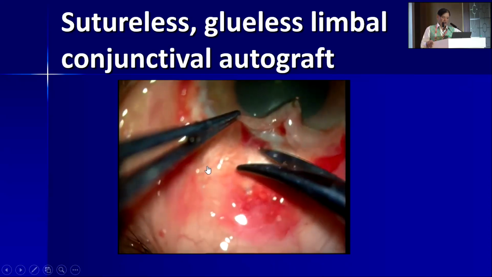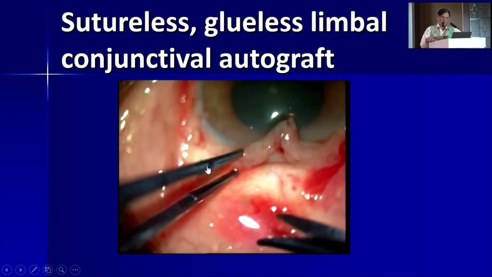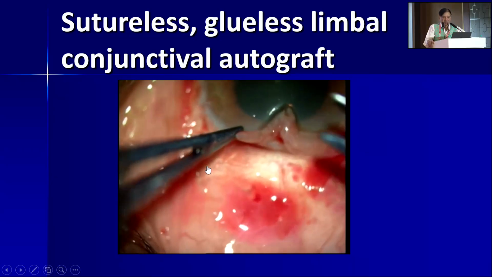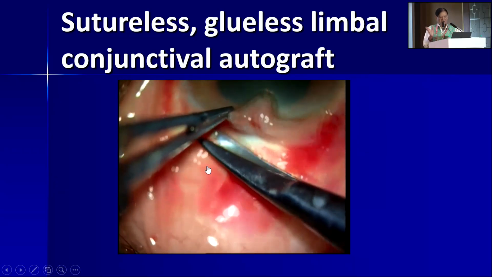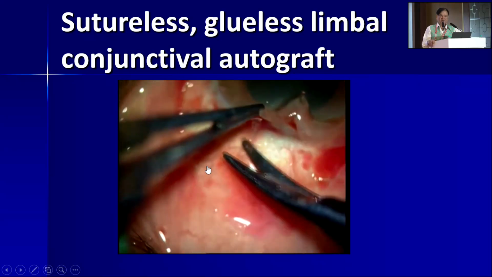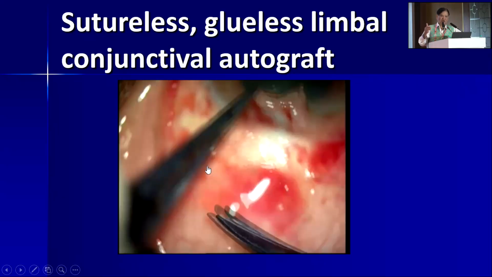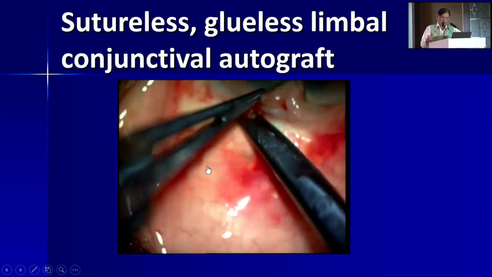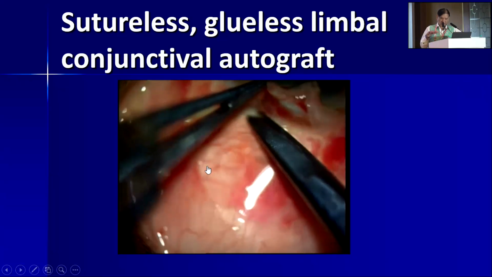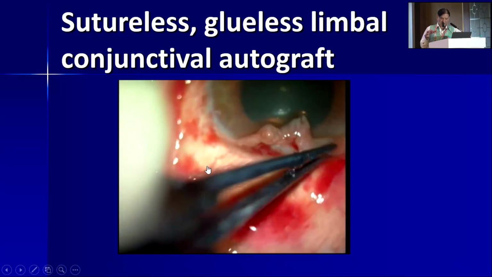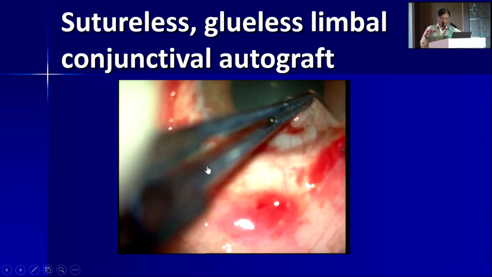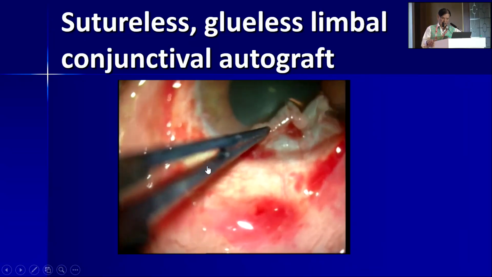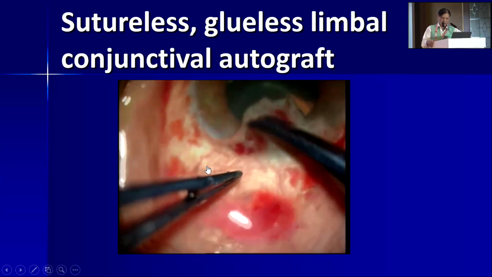And then you go into the limbus to dissect the limbal area also, because it is presumed that the limbus has those so-called stem cells which make the fresh cornea or fresh conjunctiva. So I'm going deeper into the limbal area and even dissecting a bit of deeper limbal and deeper conjunctival tissue, the corneal tissue.